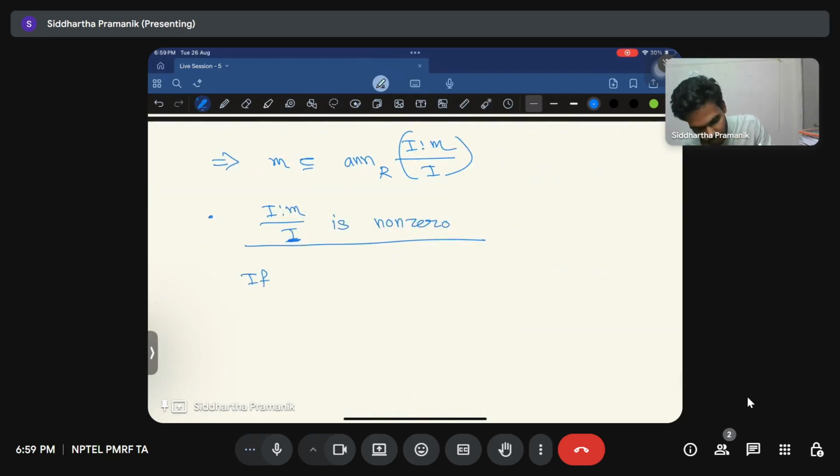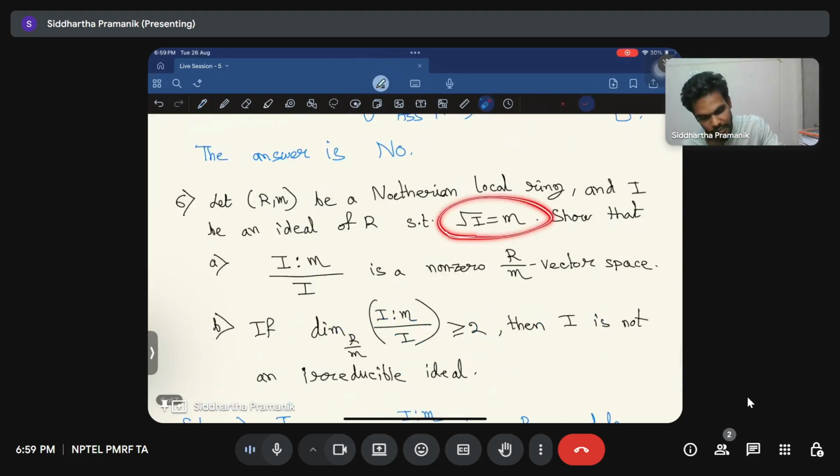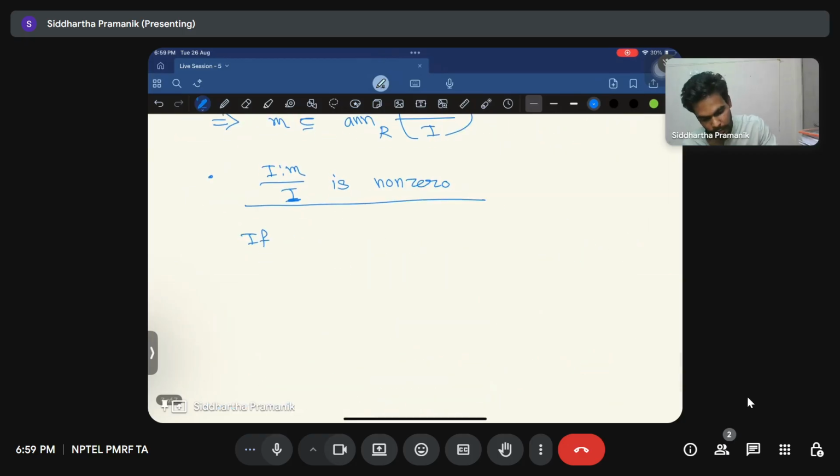I is M primary, that is given. So if I is equal to M, then what about this quotient? This is basically R mod M, and this is a field. Then this has to be non-zero.